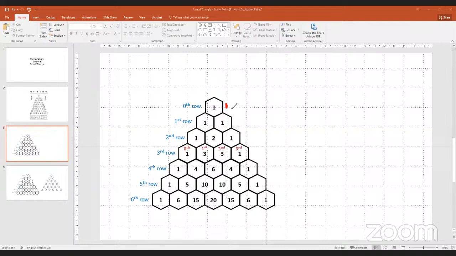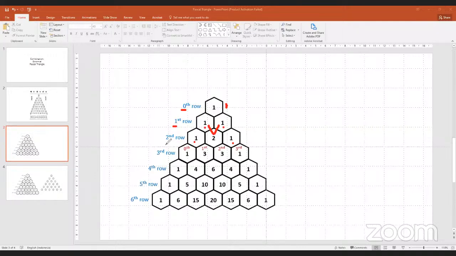So it is row 0, and that is row 1. Row 1 consists of just 1 and 1. Then for row 2, you put 1, 1 on the side, then you add these 2. 1 plus 1, you get 2.